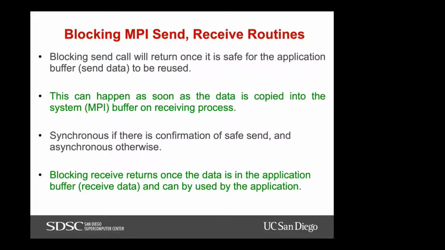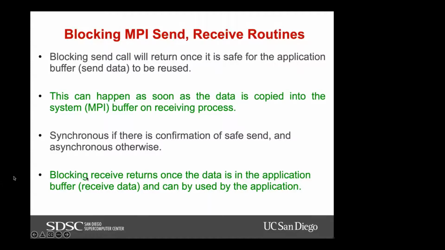So in a blocking send, it will basically wait for that receiving process to confirm that the buffer there has the data. It's synchronous if there's confirmation of safe send, and asynchronous otherwise.